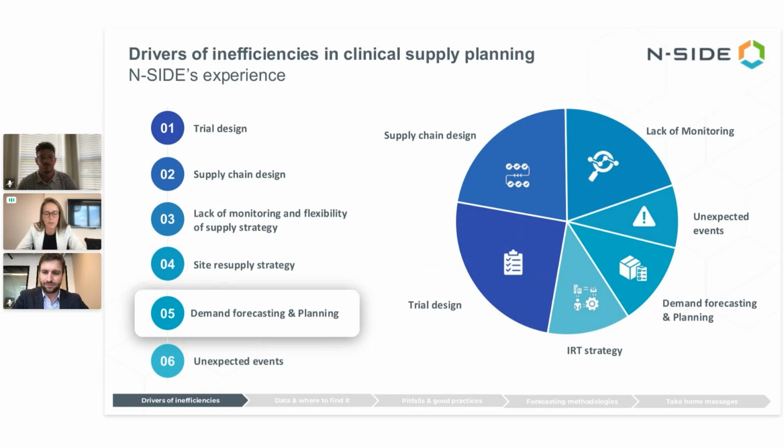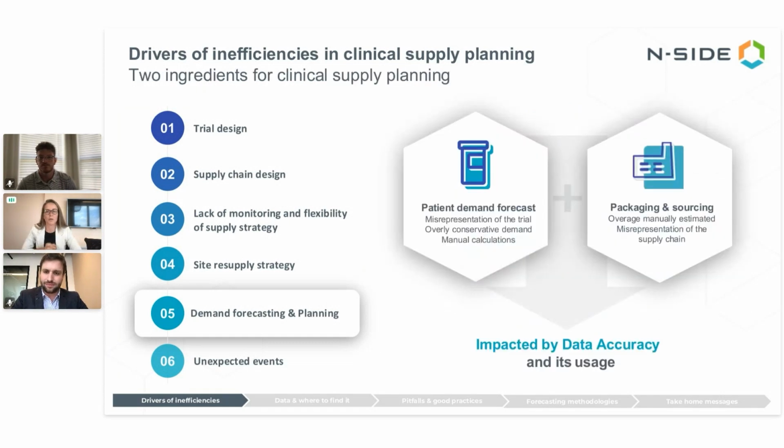But here, indeed, we will be tackling the demand forecasting and planning and see how this would impact the trials in an efficient or inefficient way. And that's basically the question we want to answer today. How can the patient demand forecast and planning either drive the inefficiencies and waste or prevent them?